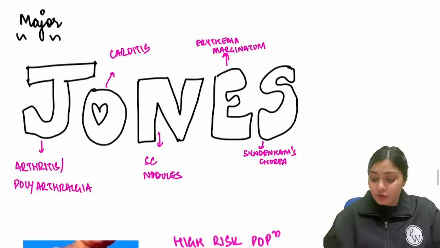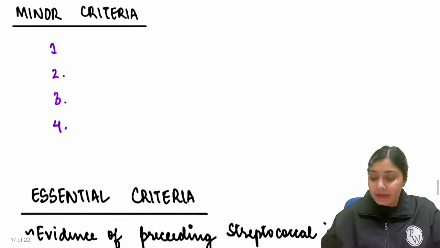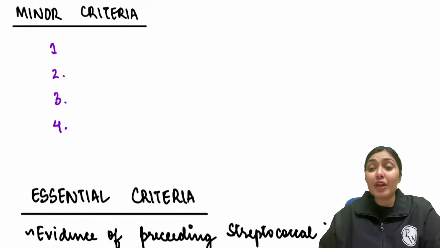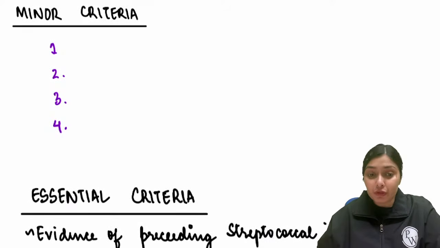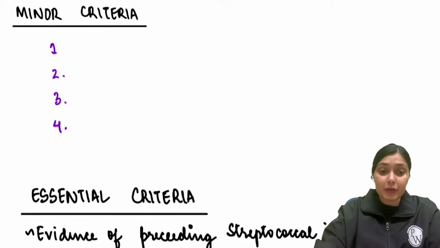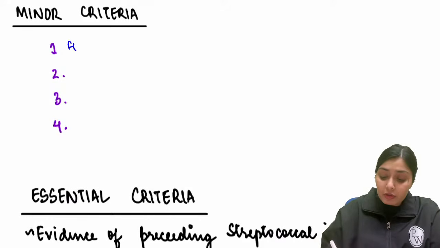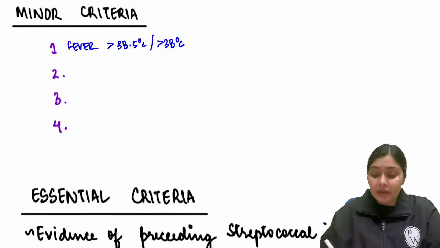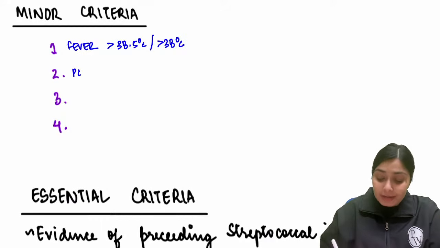Right? Now let's talk about the minor criteria. In minor criteria, firstly we have your fever, more than 38.5, more than 38. Right? Then we have polyarthralgia, monoarthralgia.